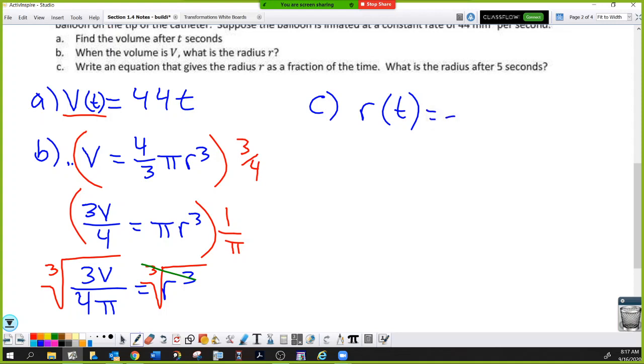So you can plug it in. You get the cube root of, on top we have our 3, and on the bottom we have our 4 pi. But instead of capital V, I'm going to drop in v of t. And this is how we end up with time in our radius function. V of t is 44t. We can clean that up a little bit because the 44 over 4 reduces to 11.